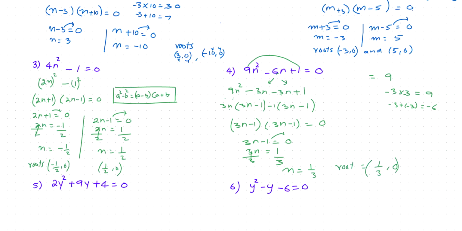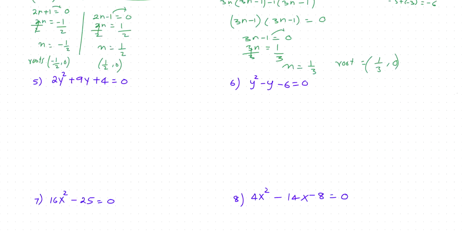Okay, we'll go to the next question now. 2y square plus 9y plus 4. The first step for factoring is to see if anything is common. We don't have anything common. Then the coefficient here is 2. We multiply 2 by 4, so 2 times 4 is 8. And we have to see multiples of 8.